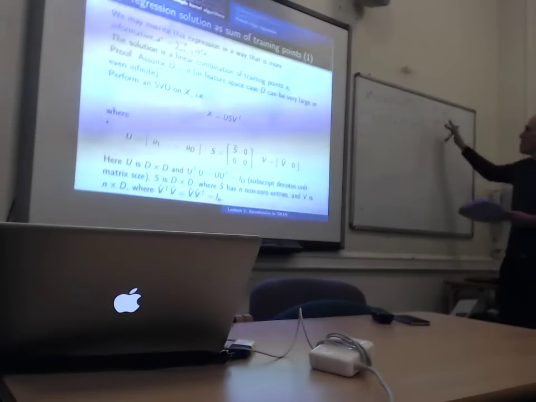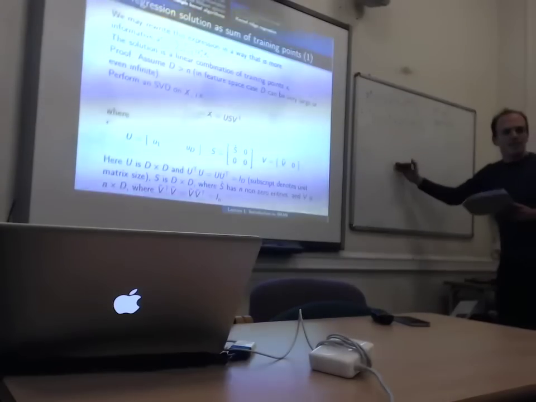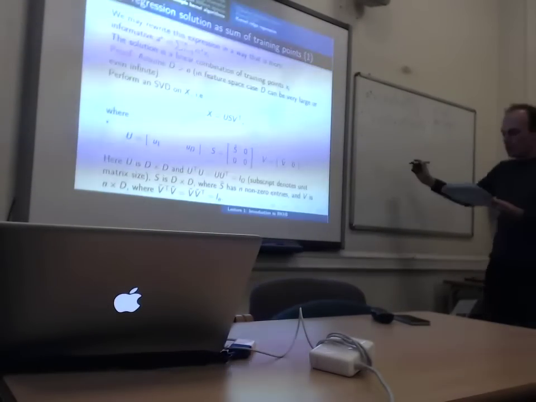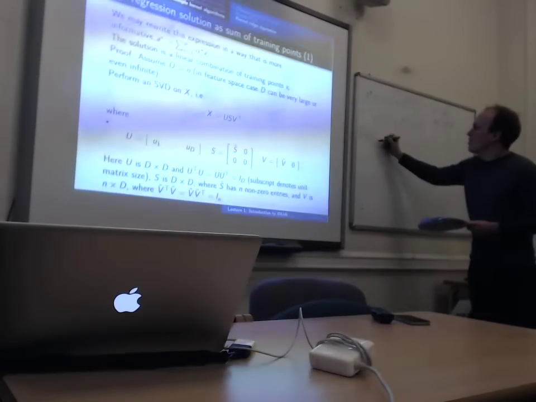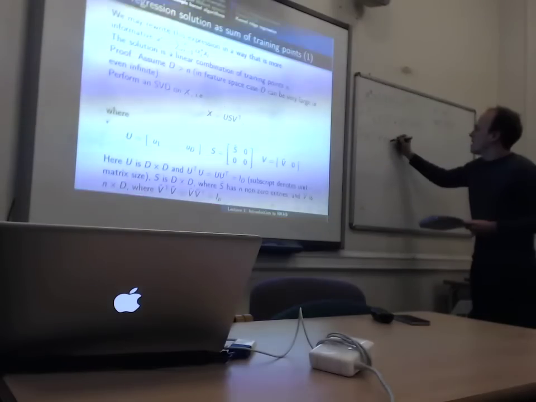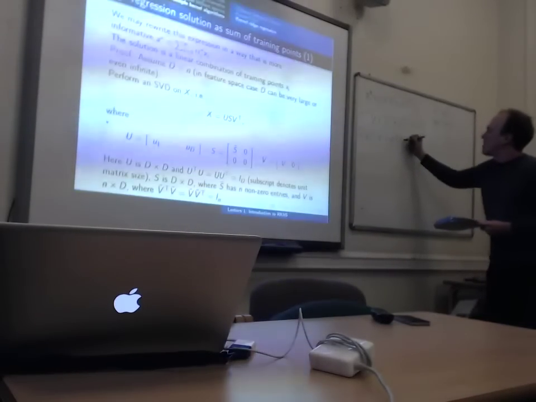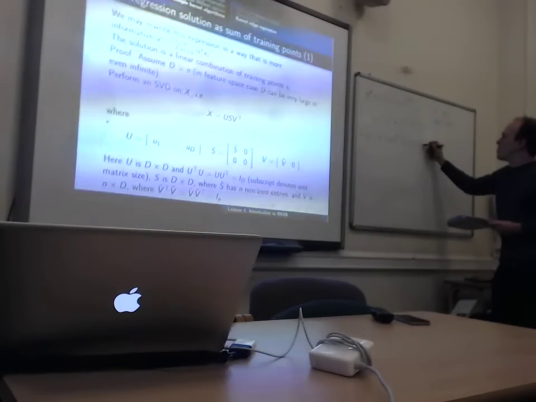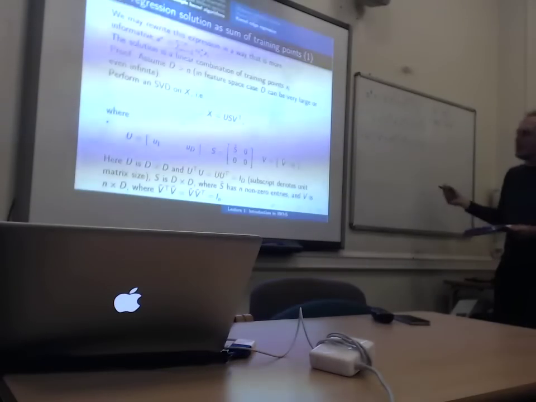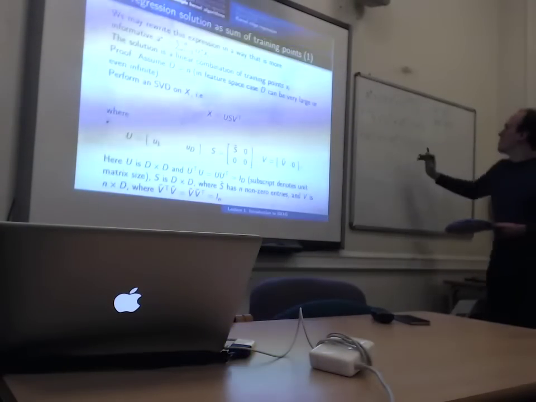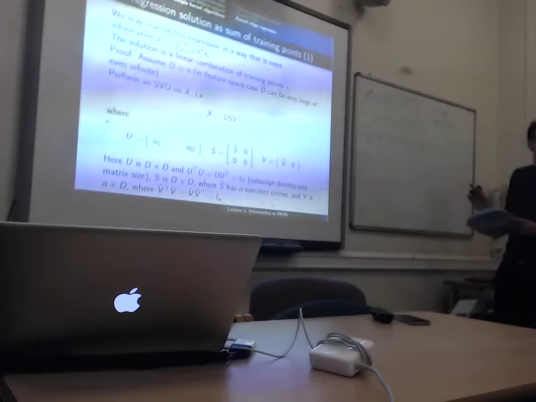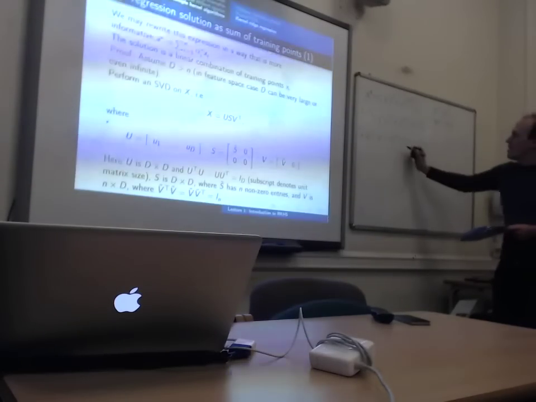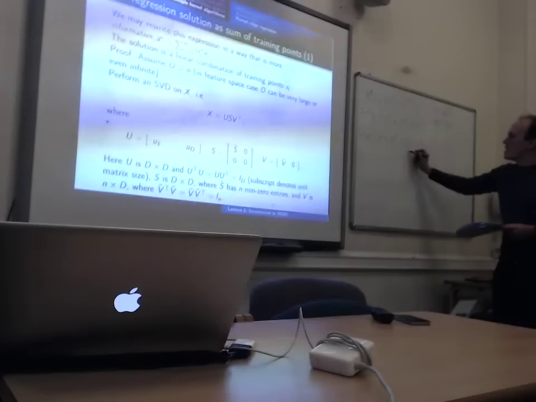These are the two properties I'm going to use in the next line. So I'm getting U S squared plus lambda I inverse U transpose U S V transpose Y. Okay? So these U's are coming out of the inverse using these two things here. Now this thing here is just the unit matrix.